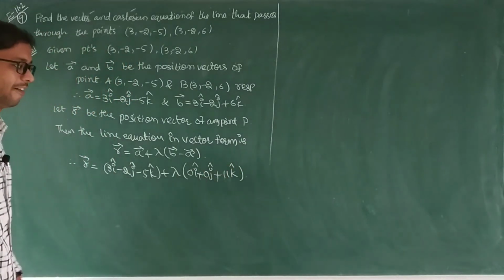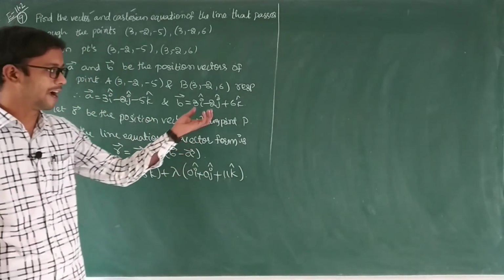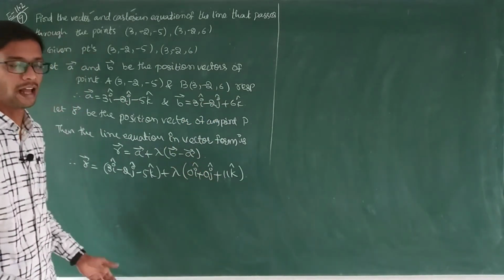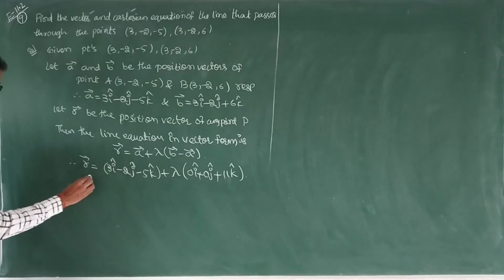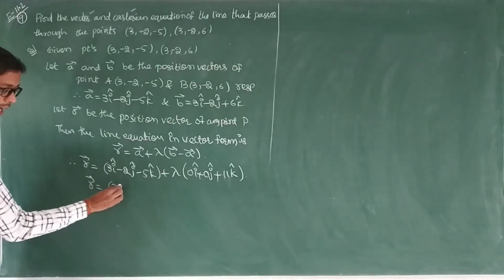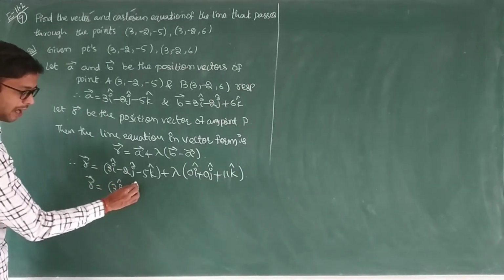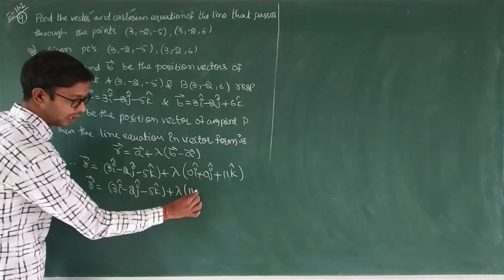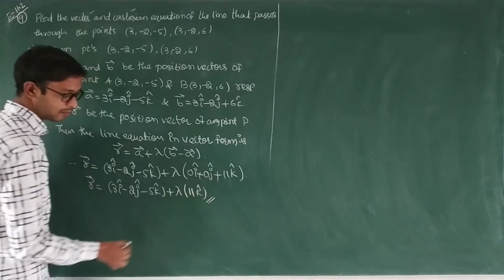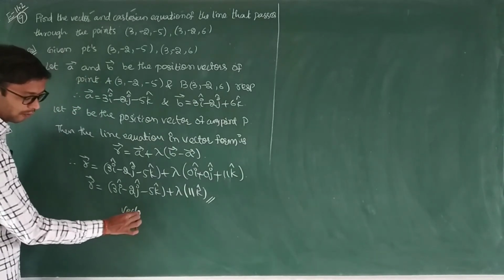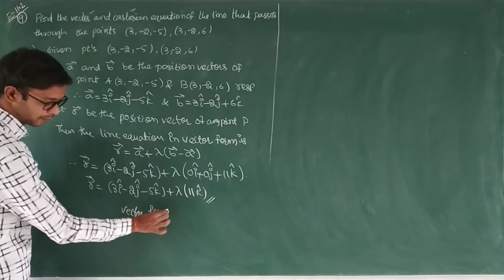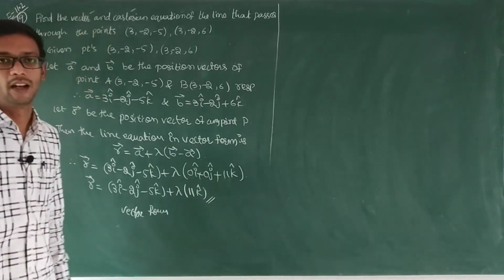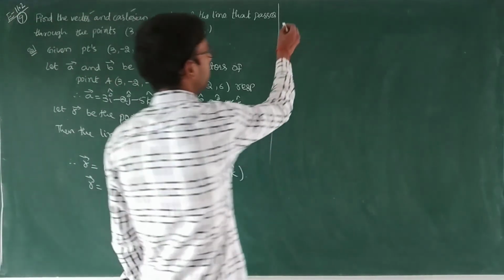If you have any doubt, substitute b bar and a bar and subtract; that way also is no problem. r bar equal to 3i cap minus 2j cap minus 5k cap plus lambda into 11k cap. This is the vector form of a line. Next, the Cartesian form.